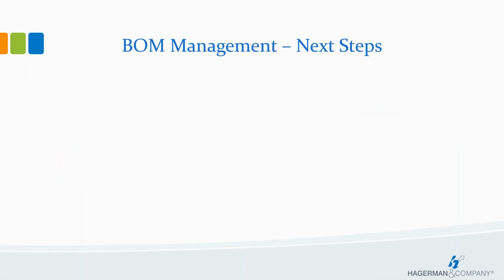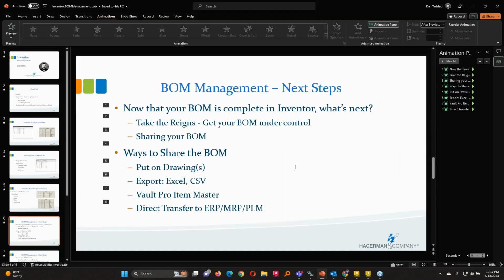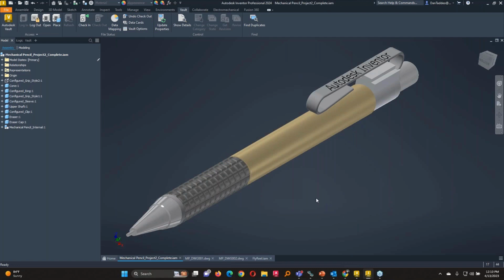Now, what I'm going to do is switch over to Inventor and show how we can utilize that combination to our advantage. So here I have a mechanical pencil, and as you can imagine, we've got some components on the inside. If I turn the visibility off, you can see that there are some pieces inside of here that make up the internal workings.